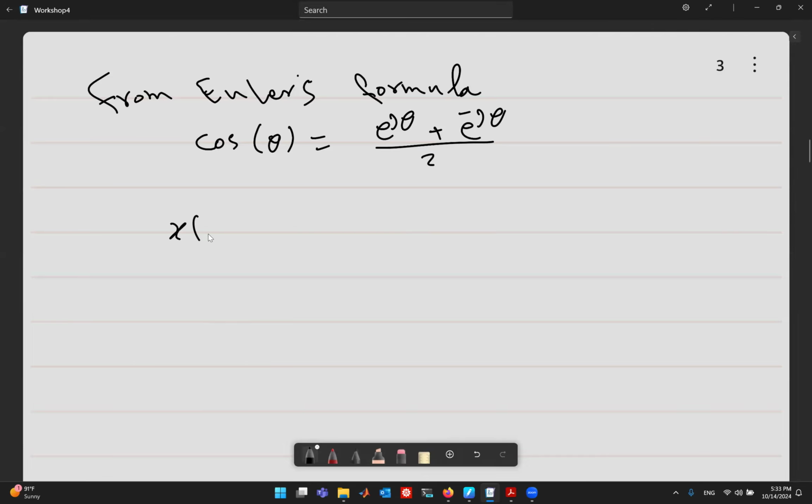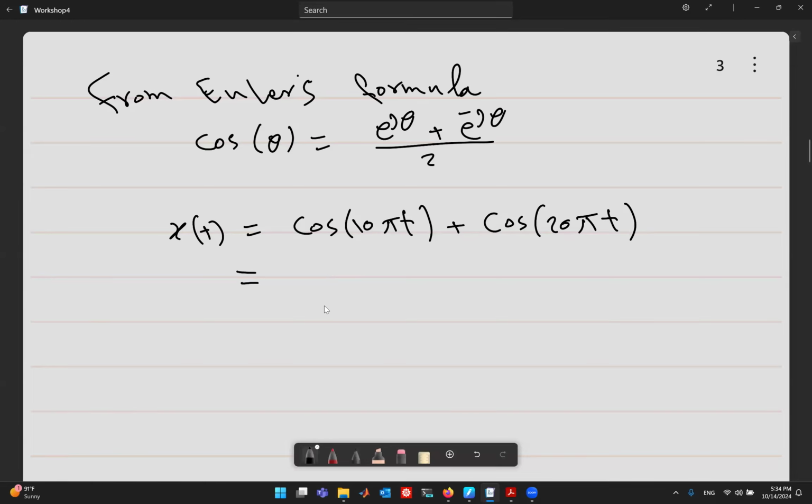So x(t) will become, let me rewrite it here, cosine 10 pi t plus cosine 20 pi t.